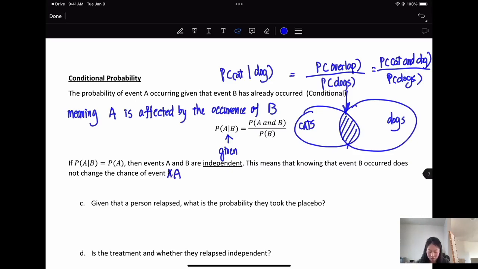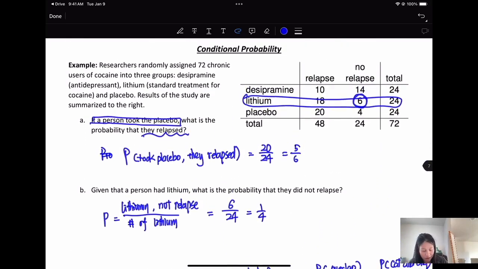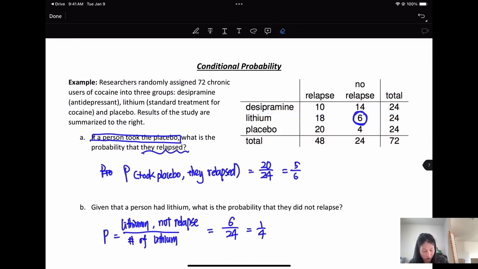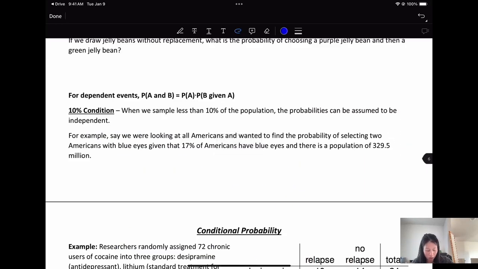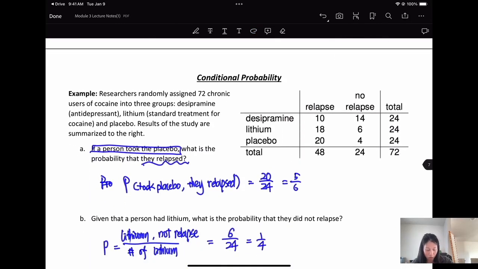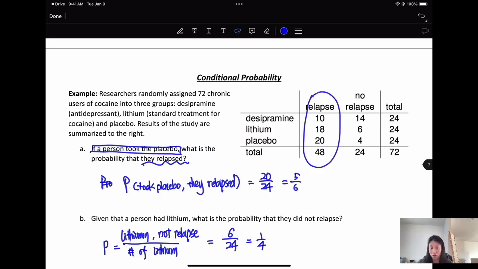All right. Given that a person relapsed, what is the probability that they took placebo? Now, let's get back to our chart. We want to investigate the people who relapsed. So here are the people who relapsed, this first column.